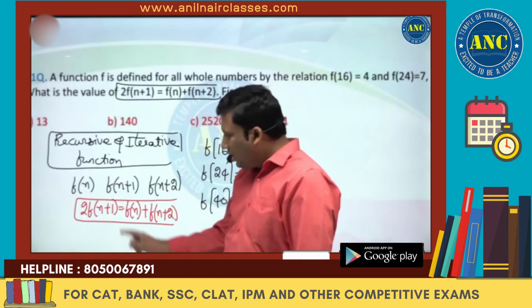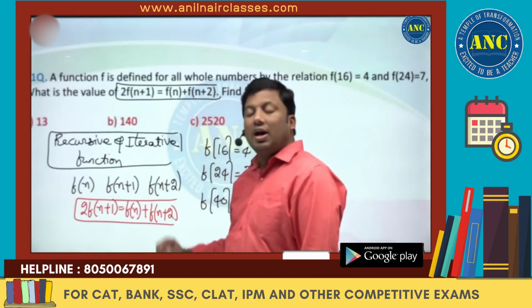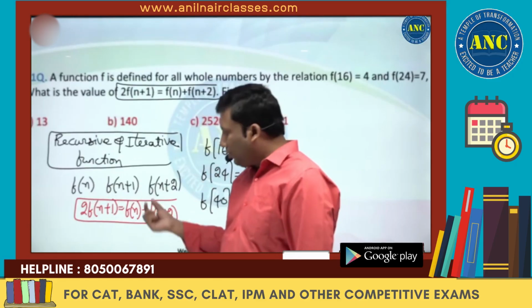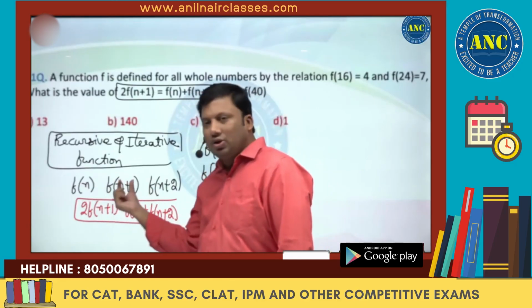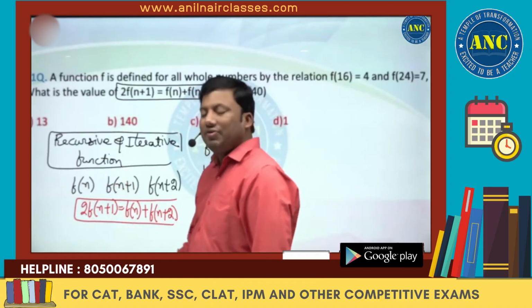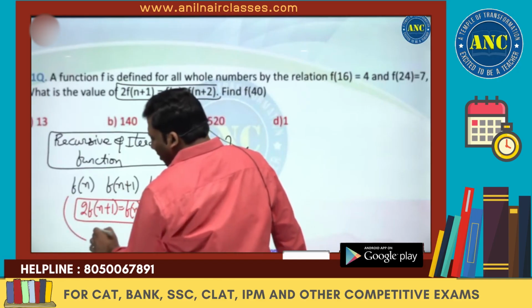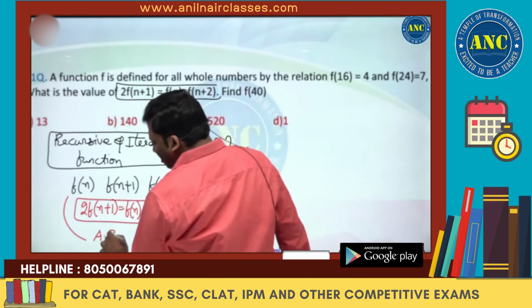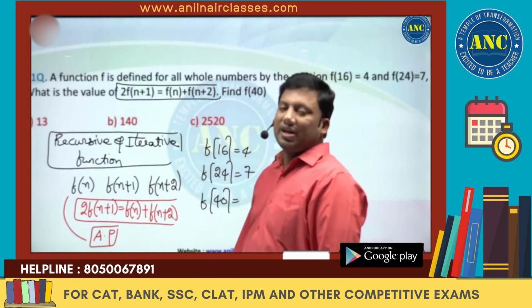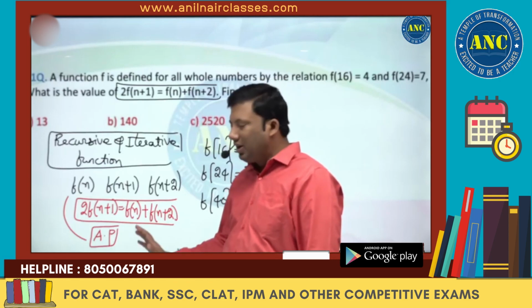Now if you observe, if a, b, c are in arithmetic progression, 2b is equivalent to a plus c. That means these functions are in arithmetic progression. Just by looking at the question, we can say that the functions are in arithmetic progression.